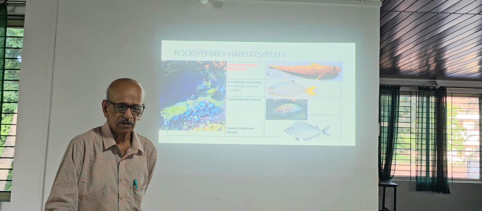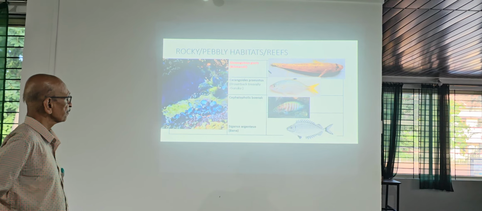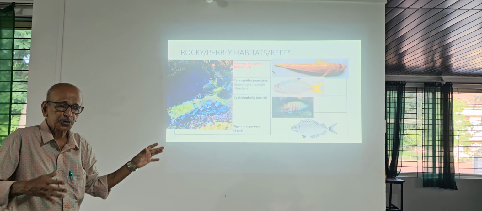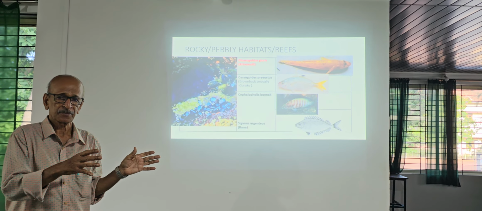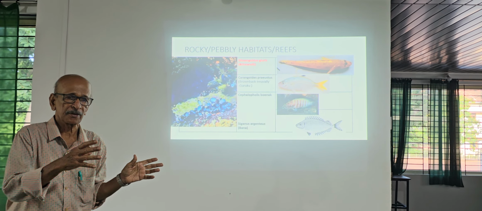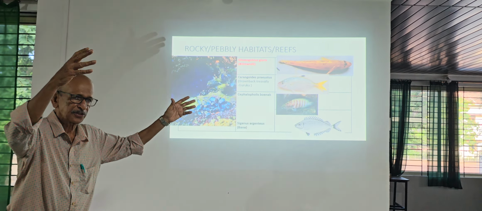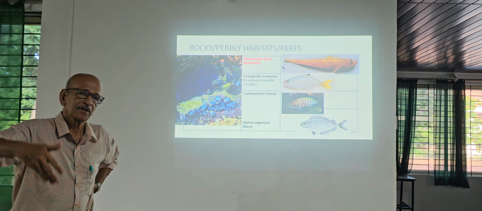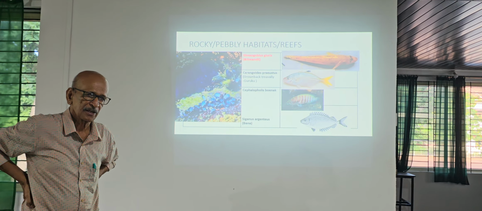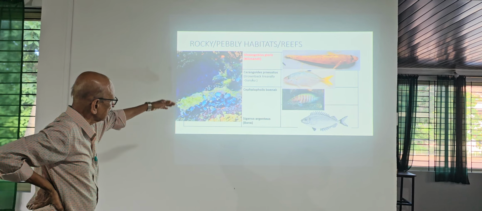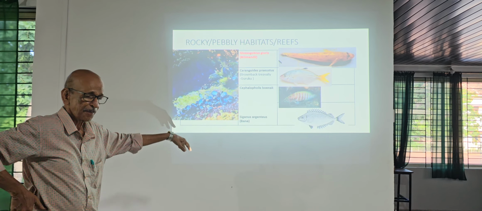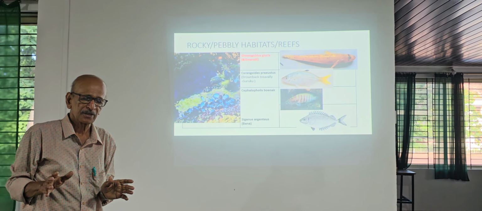Now, the rocky habitats, more towards the river mouth, where the river joins the Arabian Sea, and both sides are flanked by steep rocky areas, and these rocky areas underwater sustain a very rich ecosystem.